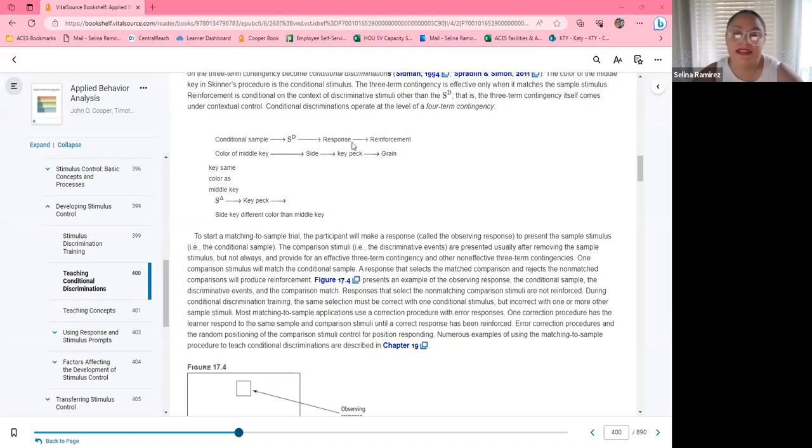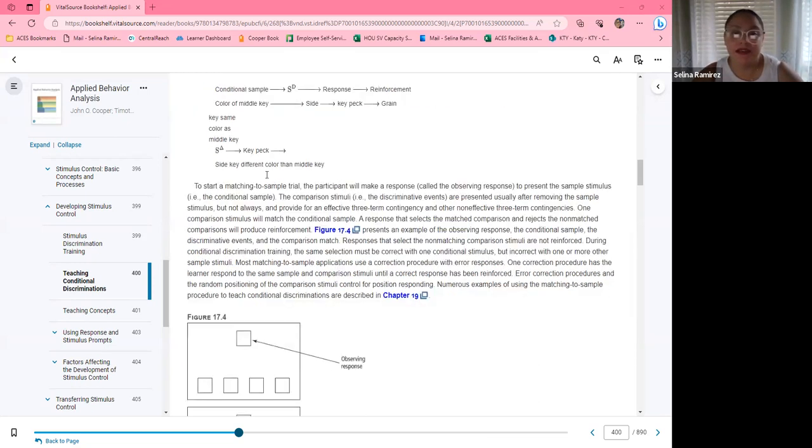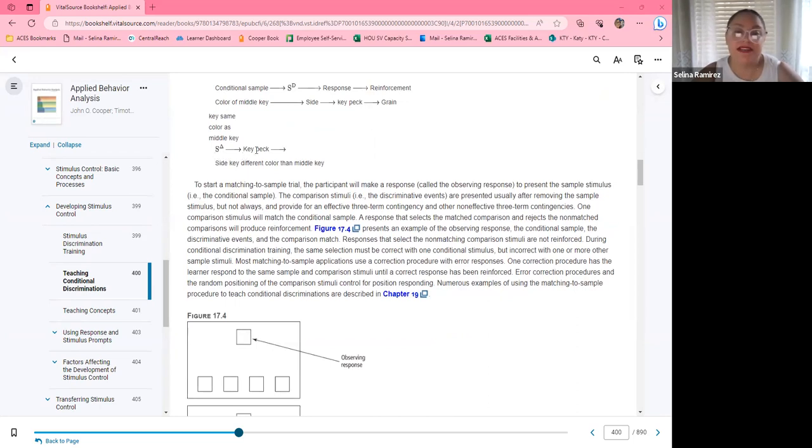And that response, as a consequence, is going to get reinforcement. In this scenario, whenever the pigeon would match the key with the same color as the middle, he would get a grain. His S delta is going to be the other key that was a different color than the middle key.